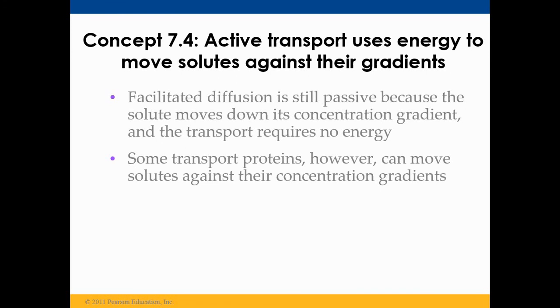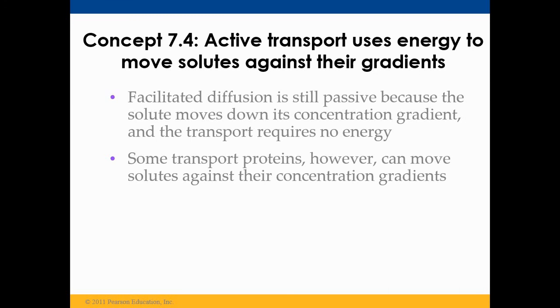Next is the active transport. Active transport is different from diffusion or passive transport because active transport uses energy. Facilitated diffusion is a type of diffusion, but it's still passive even if it is helped by transporters, di ba? It is still passive because the solute moves down its concentration gradient and the transport requires no energy.